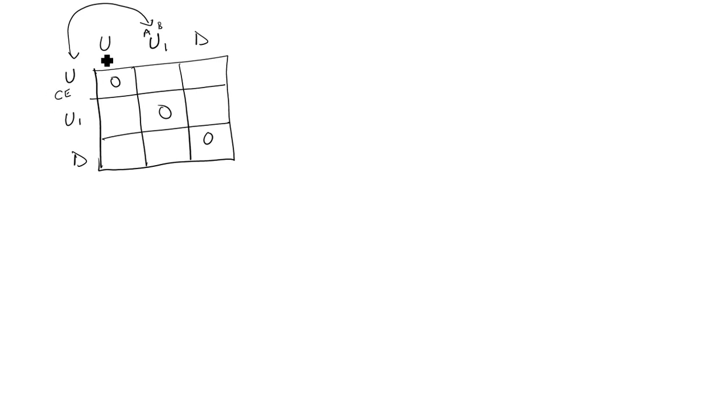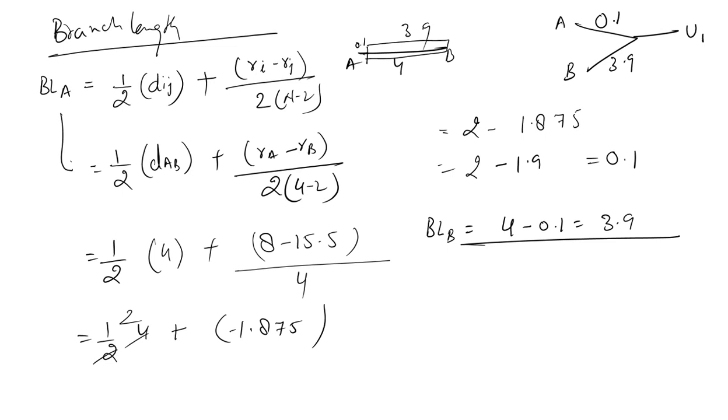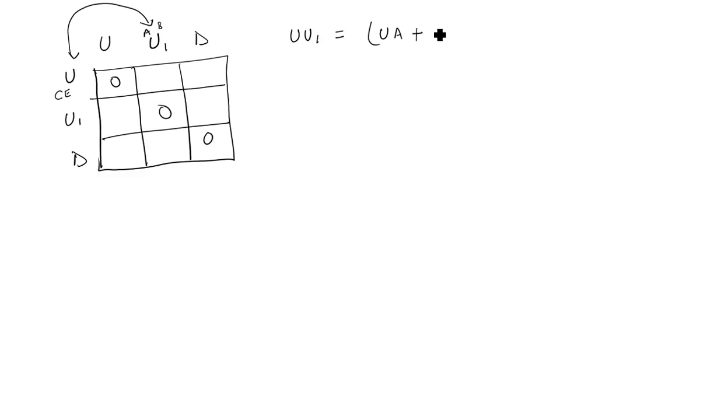CE was already U. So let's calculate for UU1. The formula is UA, where U is already CE because we have this U in our matrix. So U to A plus U to B minus AB, divided by 2.